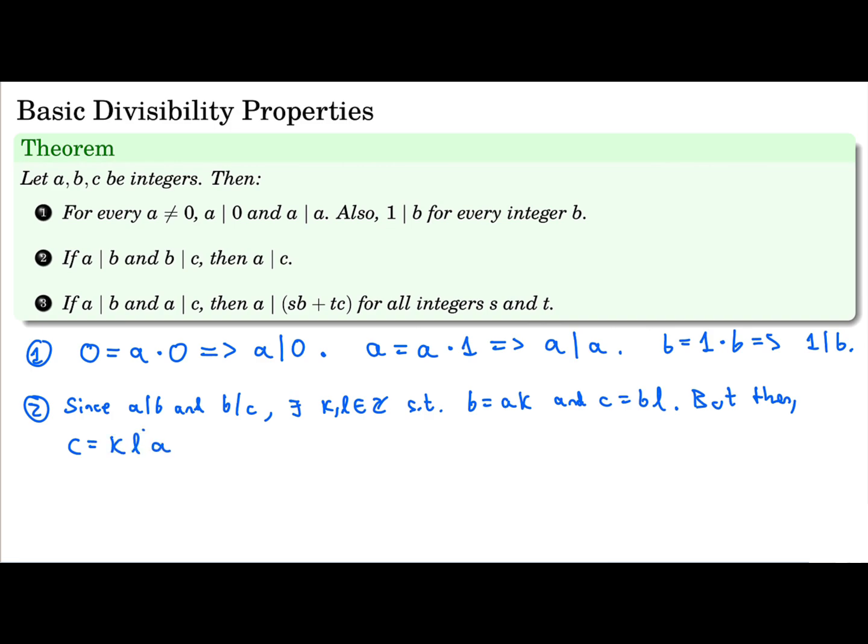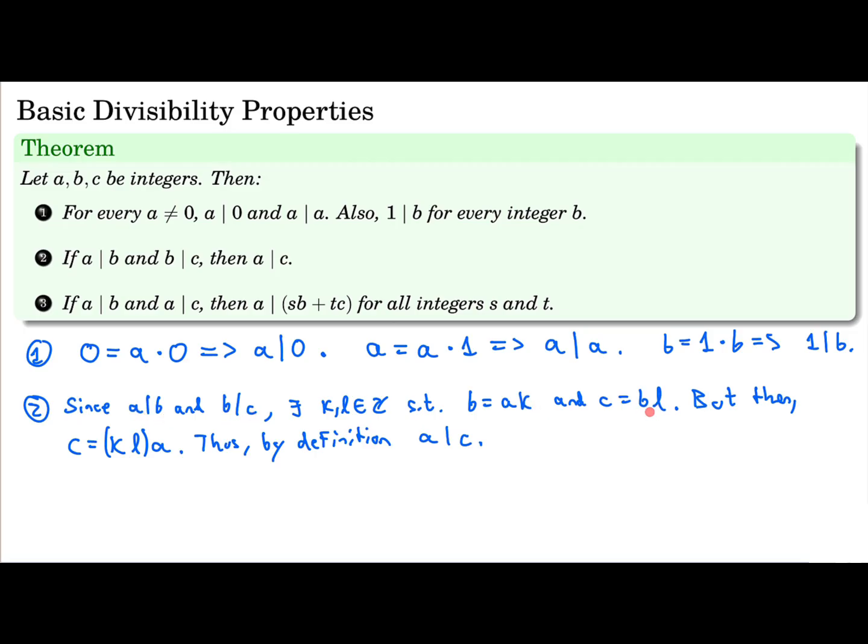And so, of course, k times l is an integer. And so, by definition, a divides c, right? Here we use the definition that a divides b and b divides c means that there exist these k and l.